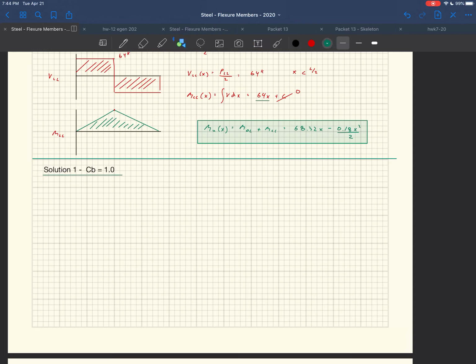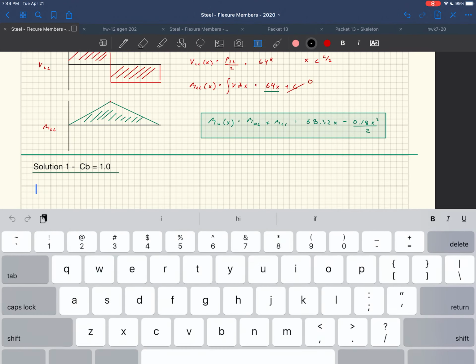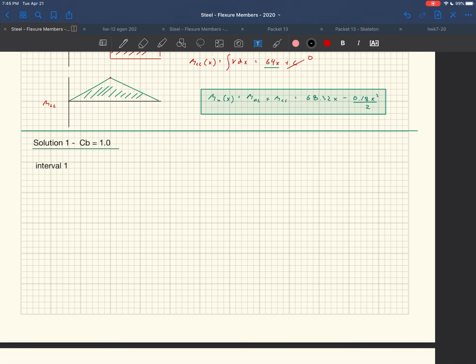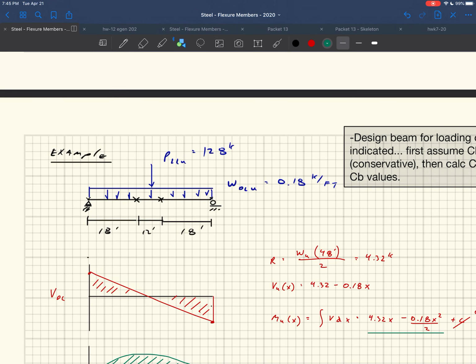We're going to do both here just as an illustration. So we're going to look at interval number 1 first. Interval 1 is going to be this interval right here. From here to here, we'll call that interval 1.